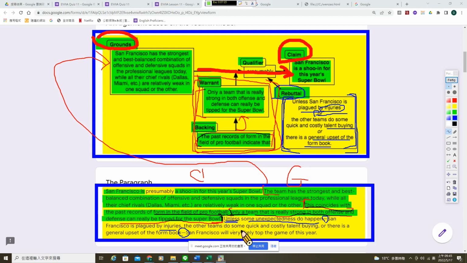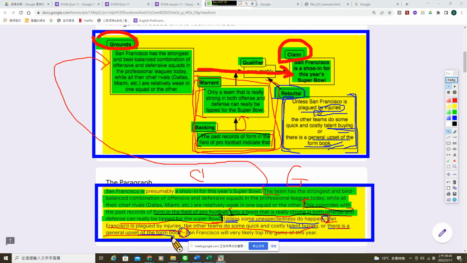The other teams do some quick and costly talent buying. This is number 2, rebuttal. Or there is a general upset of the form book. Number 3, rebuttal, right? So basically, we provide reasons of possible rebuttals by including the 3 possible rebuttals here.